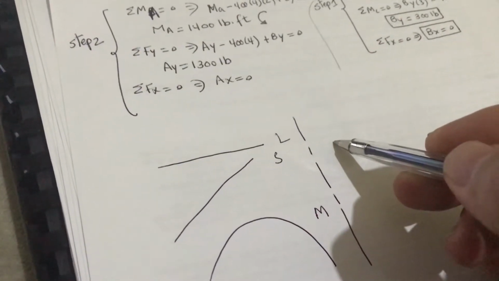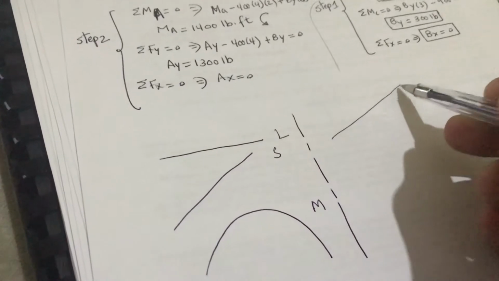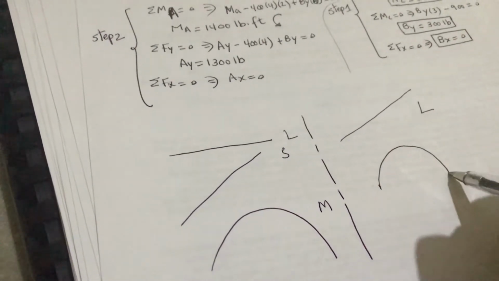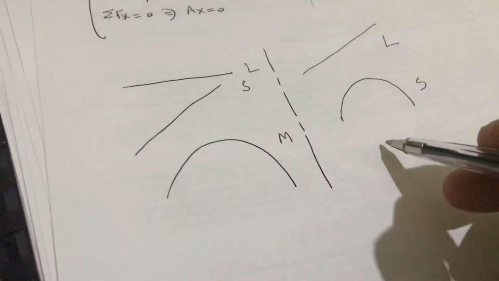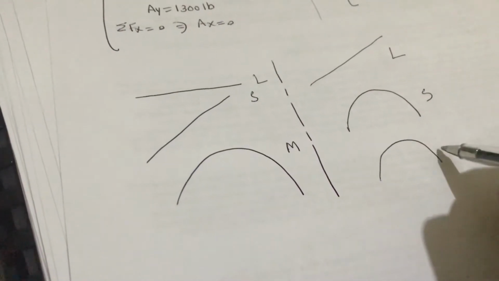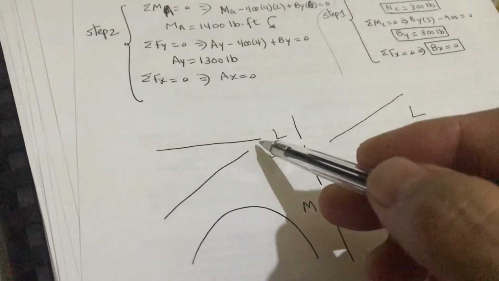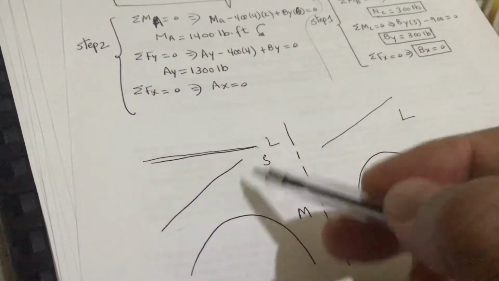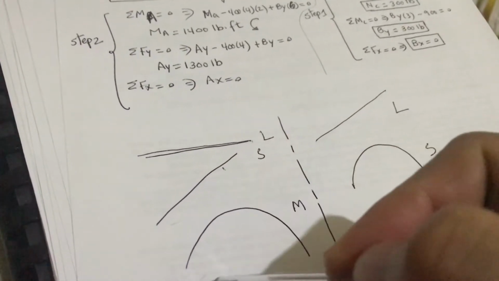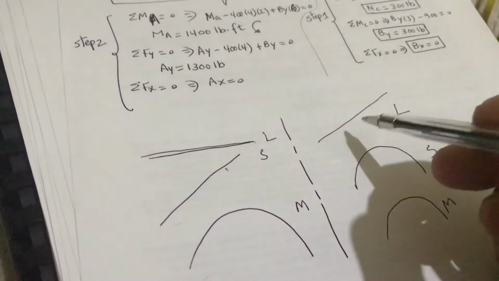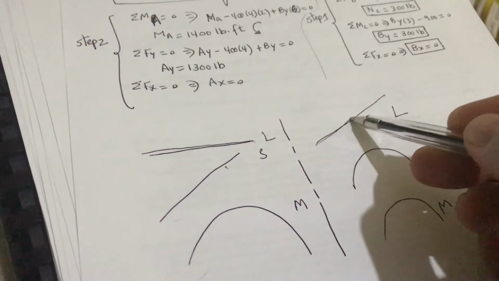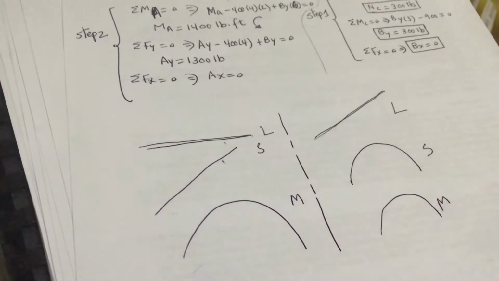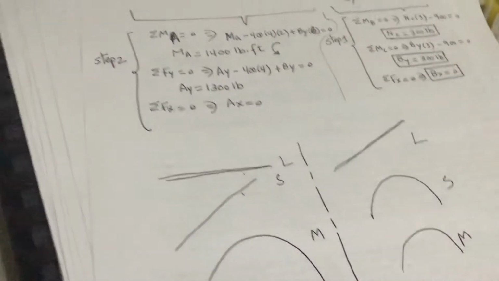What will happen if the loading is linear like this? Then the shear will be non-linear, and the moment will also be non-linear. So everything depends on this. If the loading was uniform like this, the shear would be linear, and the moment would be non-linear. If the loading was linear like that, not uniform, the shear would be non-linear and the moment would be non-linear.